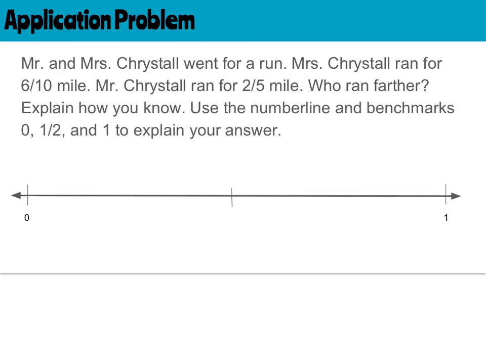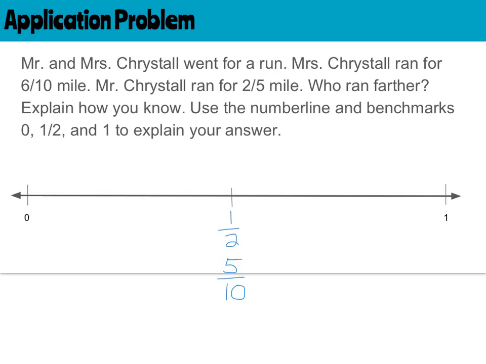Okay, I'm going to use my fraction benchmarks to help me figure out this problem. So let me label 1/2 on here. So Mrs. Chrystall ran 6/10 of a mile. So I want to figure out an equivalent fraction to 1/2 using tenths as my unit. So I know that 5/10 is equivalent to 1/2. 5 is half of 10.